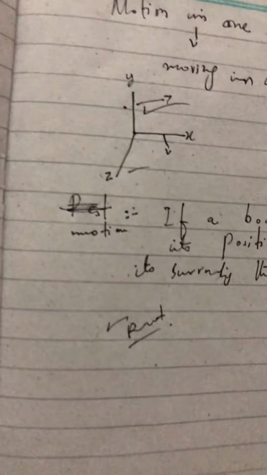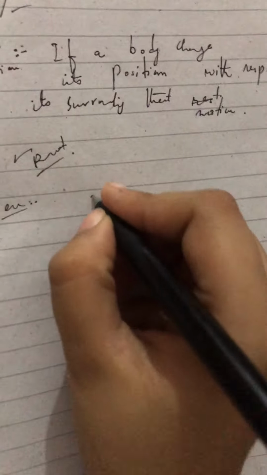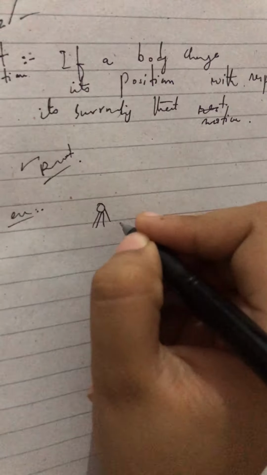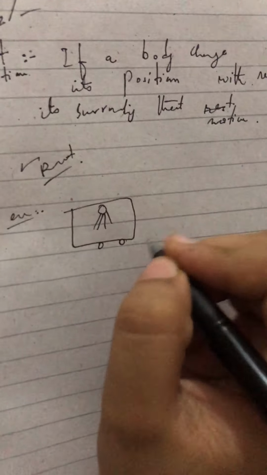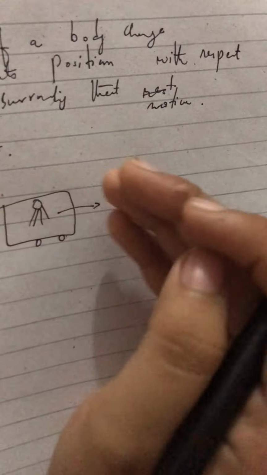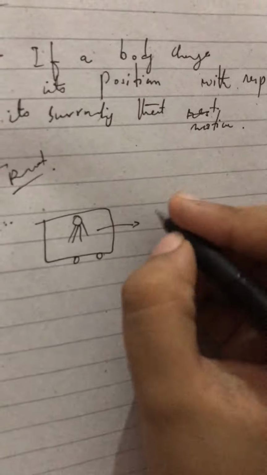After that, we are having what is relative motion, right? We are having an example: if a man is sitting in a car and the car is moving, but the man is not moving, right? So the man is not moving and the car is moving, but the man is changing his position with respect to the surroundings.